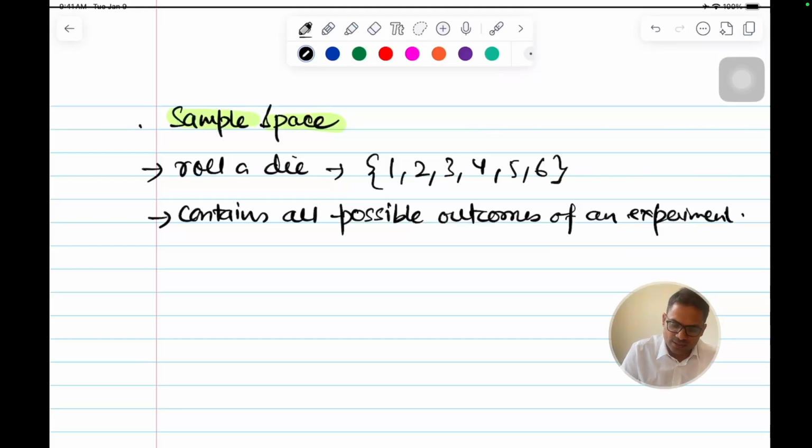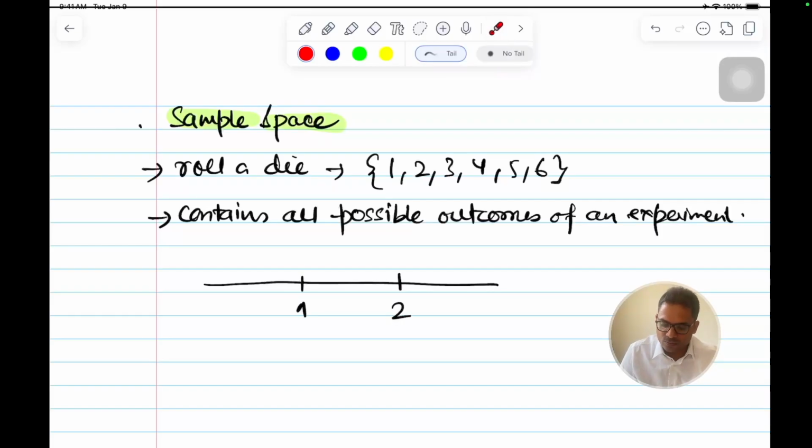I can give you more examples. For example, if you have the number line and you want to choose any number between 1 and 2, my sample space is this whole number line segment, the whole range. How many real numbers are possible between 1 and 2?